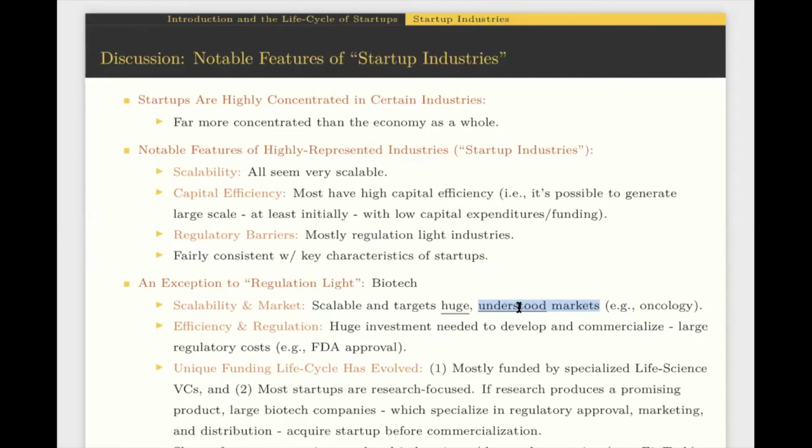How many people have a certain form of cancer, how much you're able to sell this drug for because of how much coverage you can get through insurance and stuff like that, right? So with biotech, startups tend to tackle huge, well-understood markets, so there are some forms of uncertainty that aren't as present as they are with other startups, right?